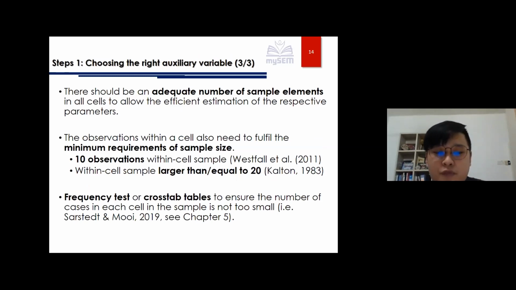When you do these frequency tests and cross-tab tables, you need to make sure, when you check whether the data you collected falls according to the population, that each cluster, each group itself must have a minimum sample size of 10 observations within a cell, or larger than or equal to 20, according to Westphal as well as Kelton, 1983. Okay, so I hope you know the sample size. I will go through the details with an example.